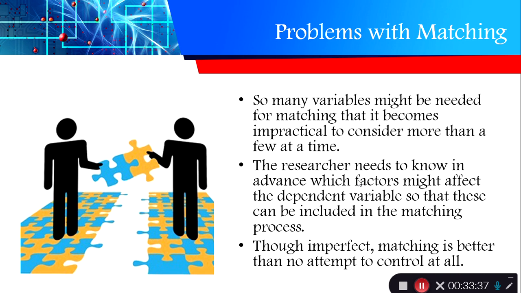There are so many variables that we can match our clients on, and there's no real way of knowing exactly whether we have accounted for all potential variables that we should. Like I said, we can go to the literature and at least educate ourselves and become aware of some of those demographic characteristics that we need to be matching on, and that's really the best that we can do in terms of trying to make our groups equivalent through this process of matching.